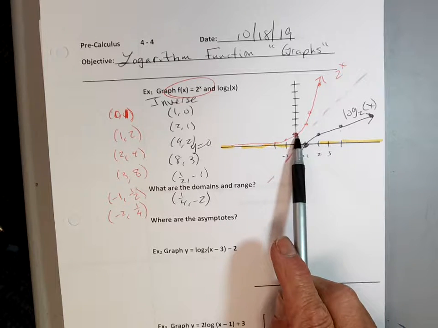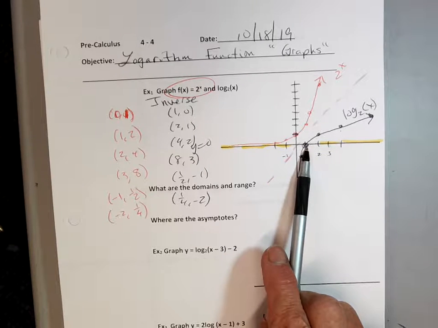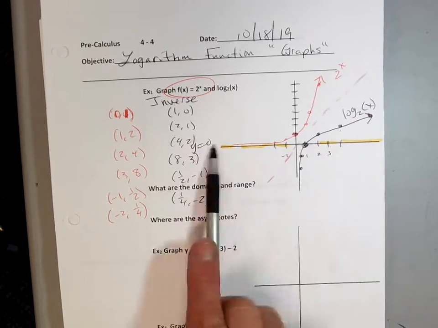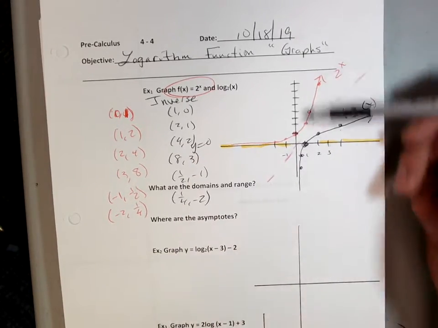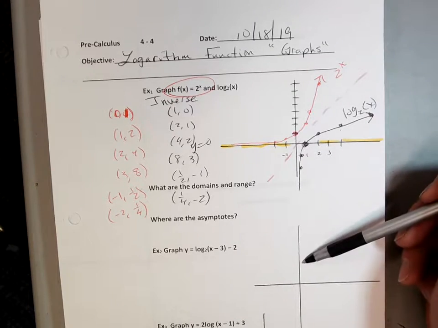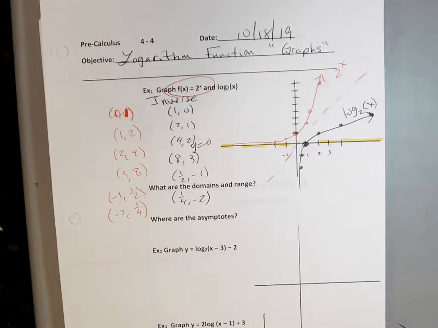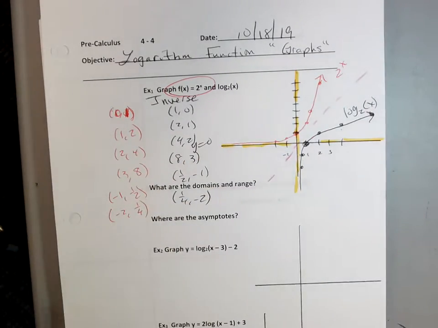The exponential had a y-intercept at 1, so the opposite of that would be an x-intercept at 1. Now you know where I'm going. If we have a horizontal asymptote for this one, we'd have a vertical asymptote for the log. Does that make sense? So for the logarithm, we're going to have a vertical asymptote at x equals 0.